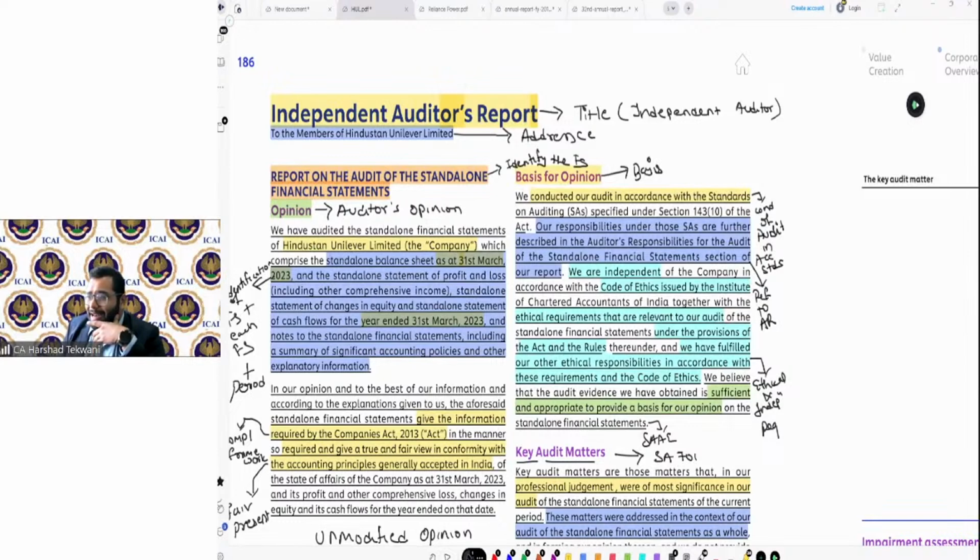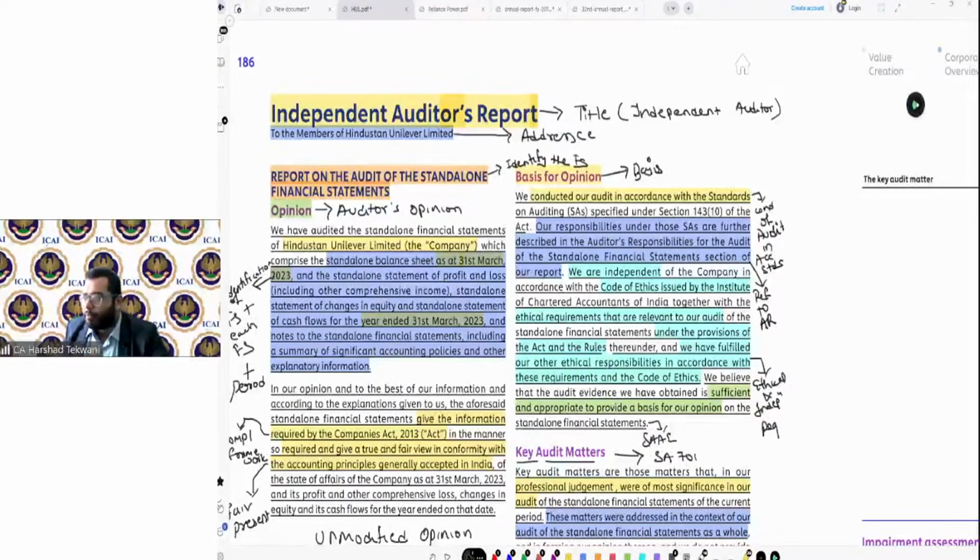Very important to understand. Am I issuing an opinion again? If yes, then I could say this is the comparative financial statement. If I'm not issuing an opinion again, then how can I say this is a comparative financial statement?